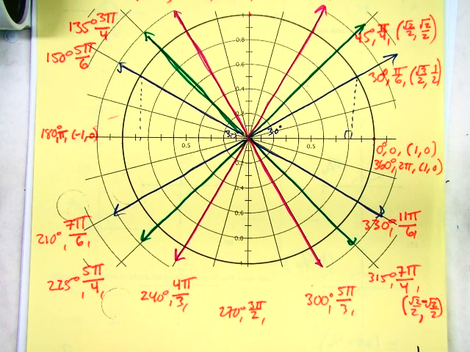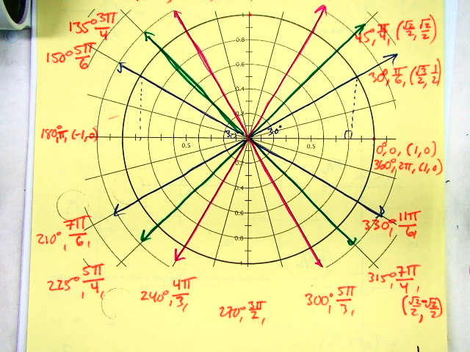Where are you confused, Kevin? I can see 45 is root 2 over 2, root 2 over 2, and then 315 is root 2 over 2 with that negative. Yeah. Why? Because they're both 45 degrees away from the x-axis, so it's going to be the same right triangle.